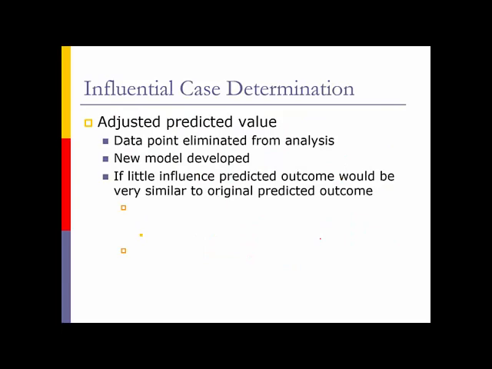How do we determine whether or not we have an influential case? Well, SPSS is going to provide us a lot of information on this. It's going to actually remove the data point from the analysis and develop a new model, and if we have little influence, the predicted outcome will be similar to the original outcome. This is what SPSS calls a DF fit. That is really just the difference between the adjusted predicted and the original predicted.